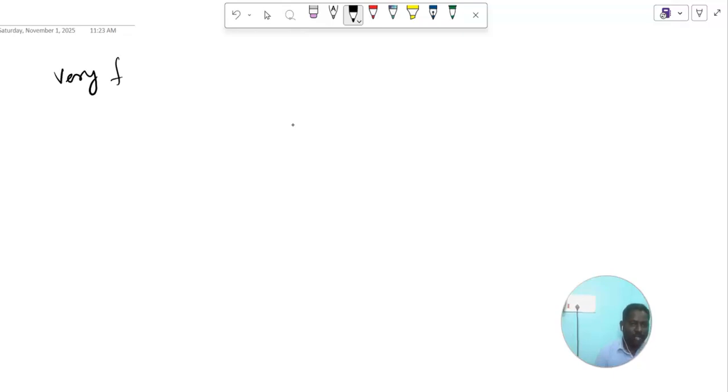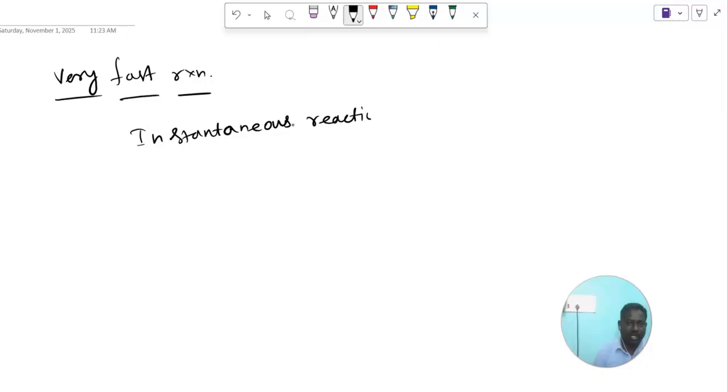So for very fast reaction, or we can also call it an instantaneous reaction, means it occurs instantaneously, very fast.